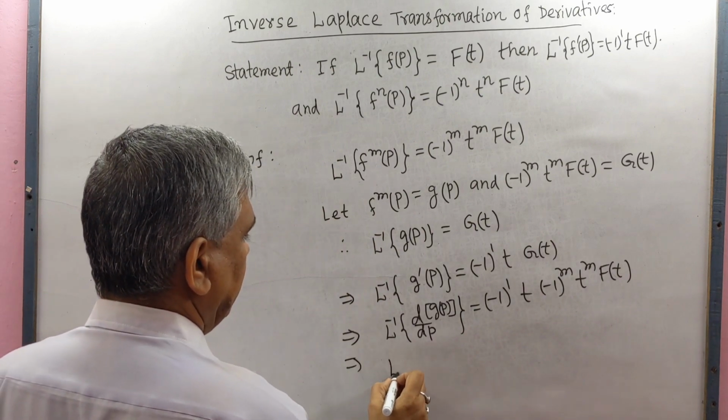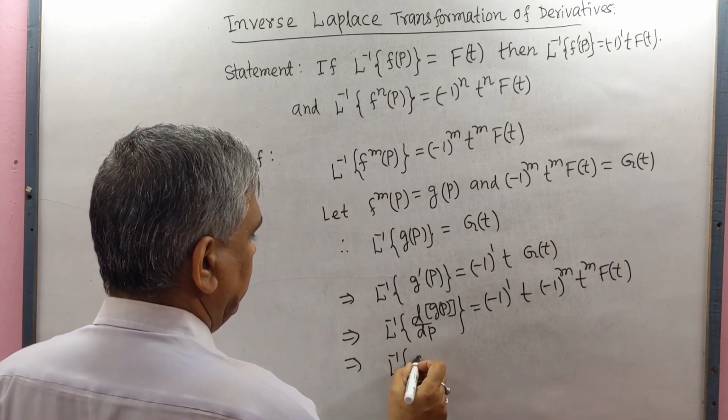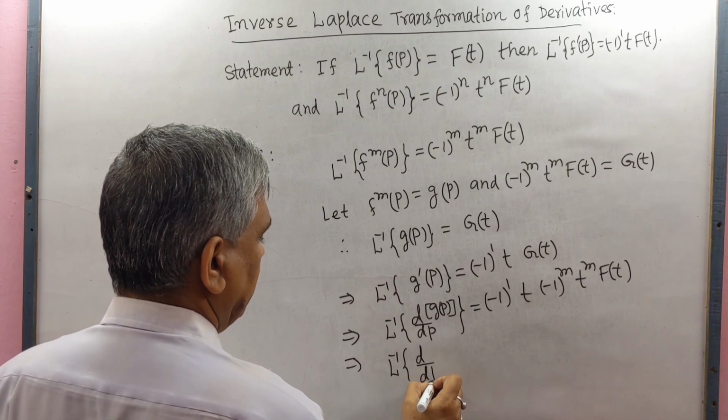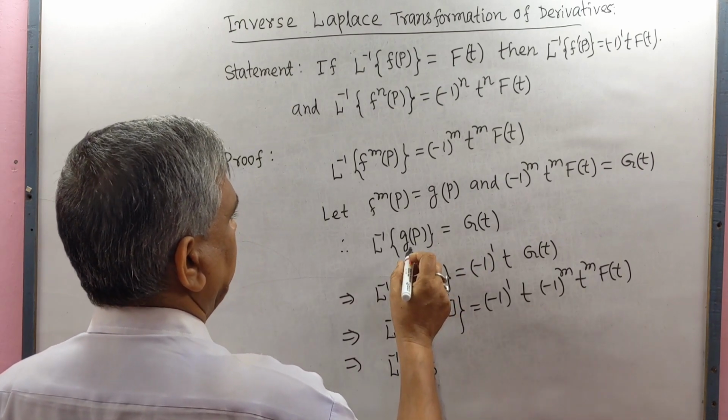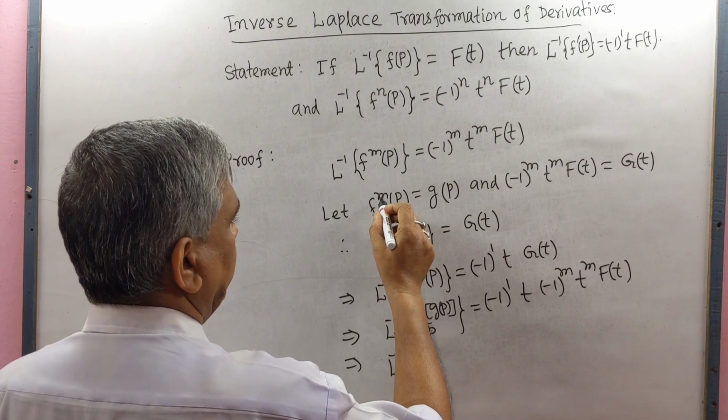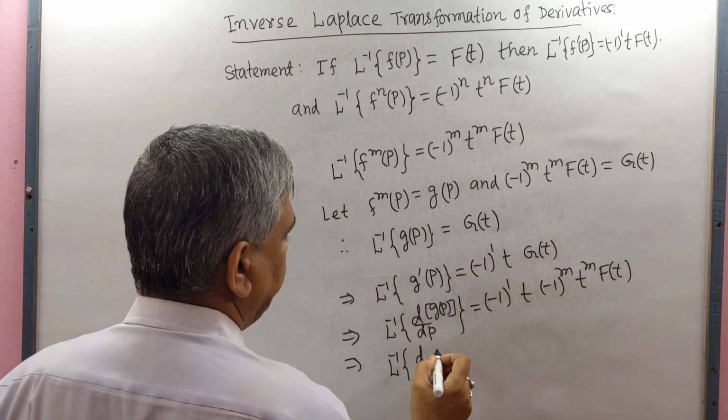Implies that L inverse d by dp G(p) is the mth order derivative of F(p).